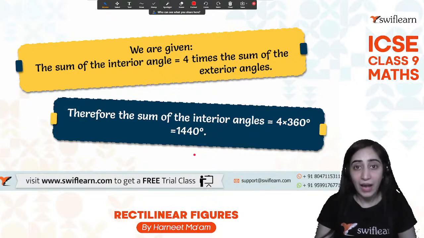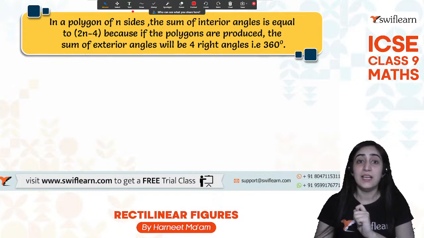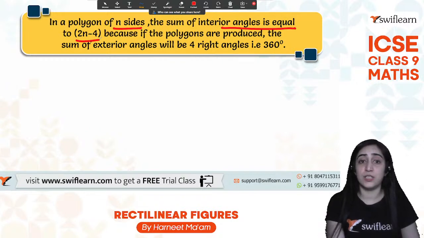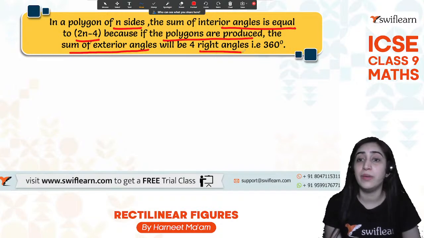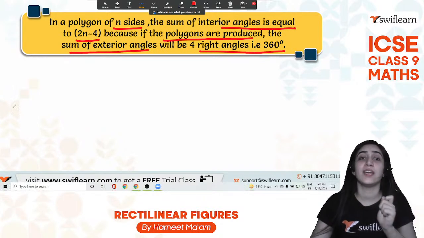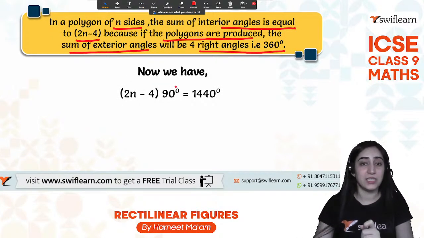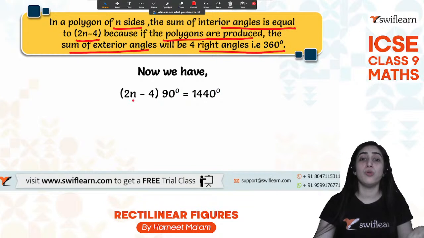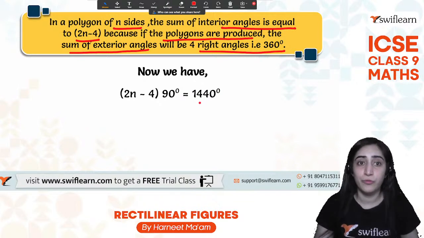Now I know the sum of the interior angles. If I want to find each angle, what does it say? That's what we have learned: in a polygon of n sides, the sum of the interior angles equals (2n minus 4) right angles, because the sum of exterior angles is 360 degrees. So the interior angles sum is (2n minus 4) into 90 degrees. Now the total sum I know is 1440, so (2n minus 4) into 90 degrees equals 1440.